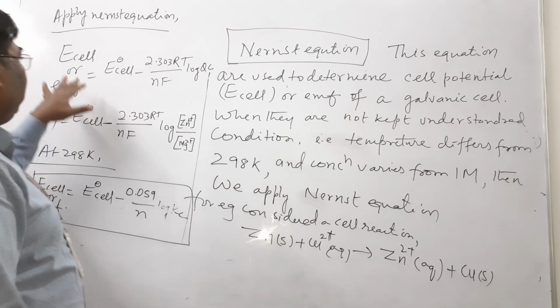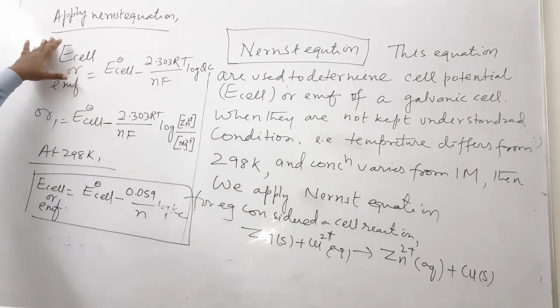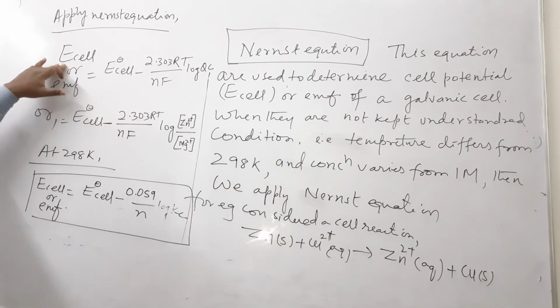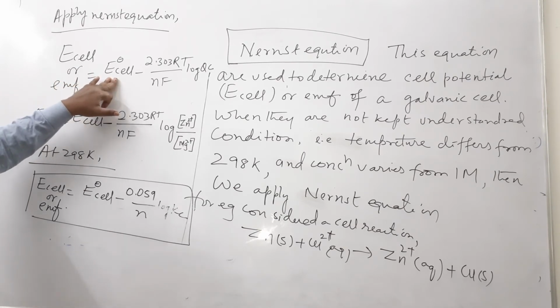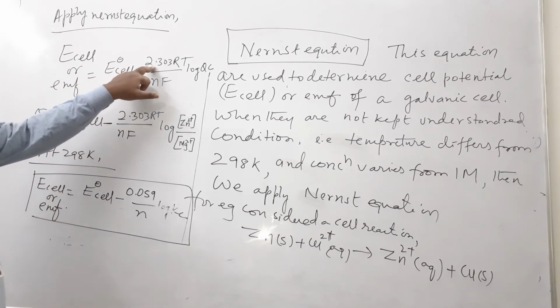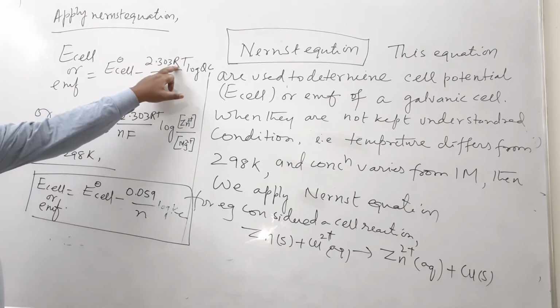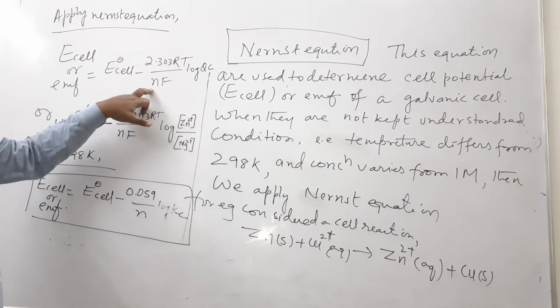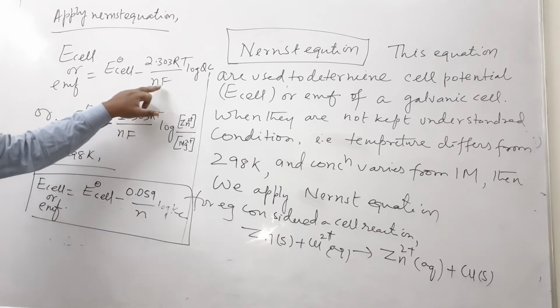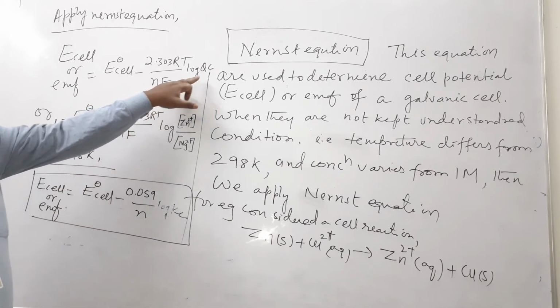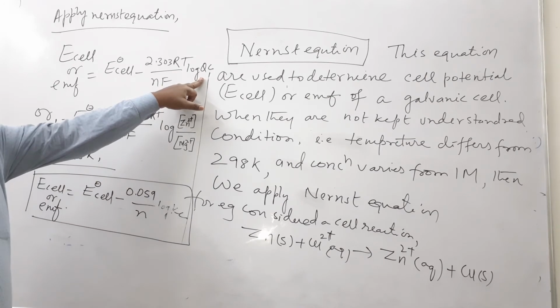The Nernst equation is as follows: E cell or EMF is equal to E naught cell minus 2.303 RT by nF log Kc, where R is the gas constant, T is temperature, n is the number of electrons oxidized or reduced, F is the Faraday constant, and the log term is the reaction quotient.